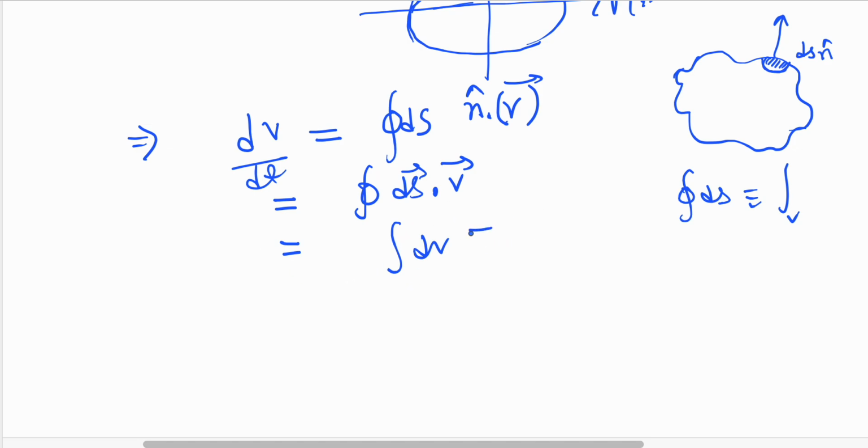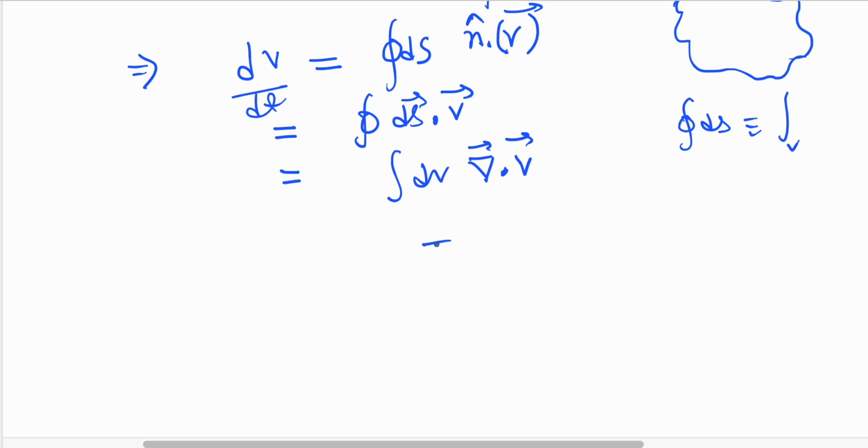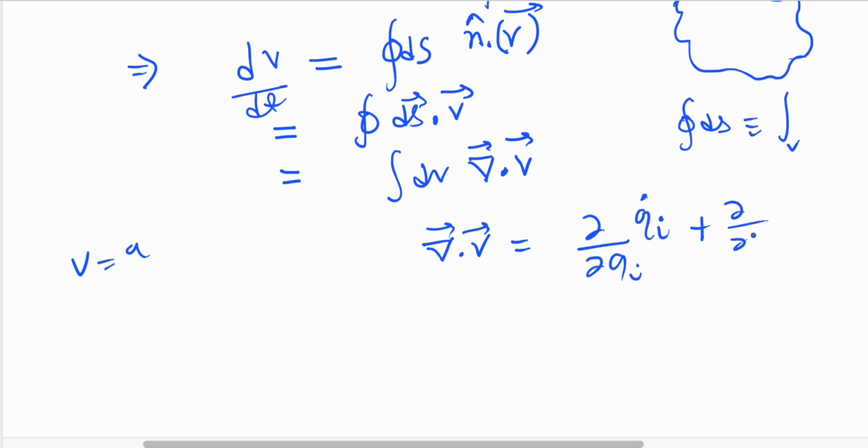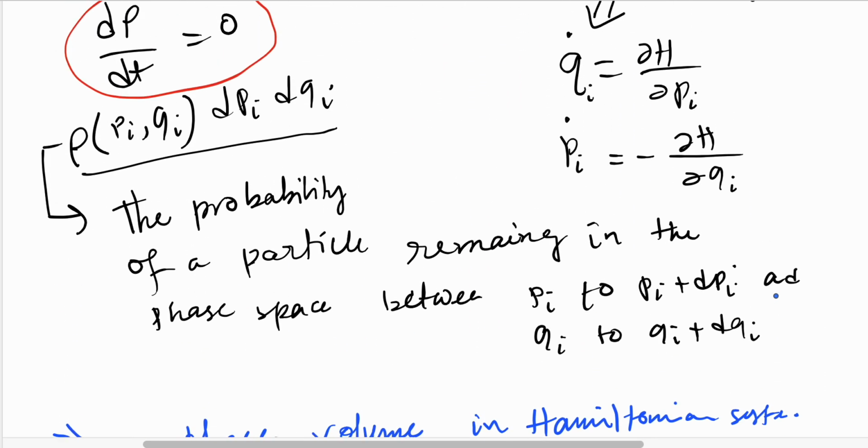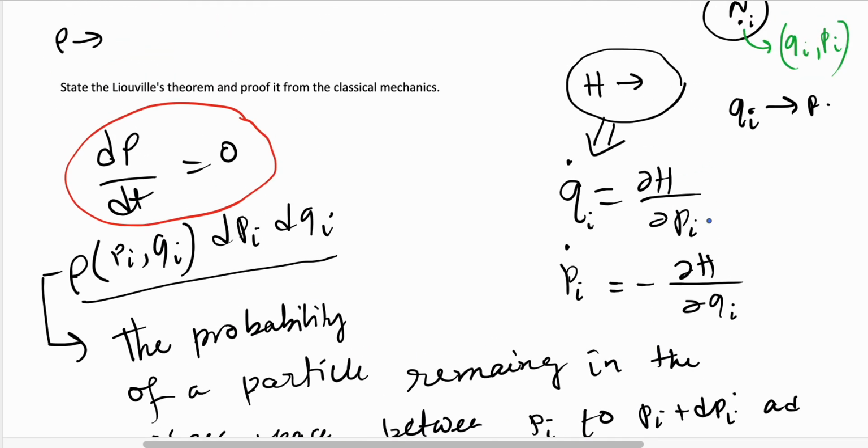So it is the divergence of v, right? Now what is the divergence here? The divergence of v is nothing but del qi dot over del qi plus del pi dot over del pi. Now interestingly, pi dot means minus del H del qi.